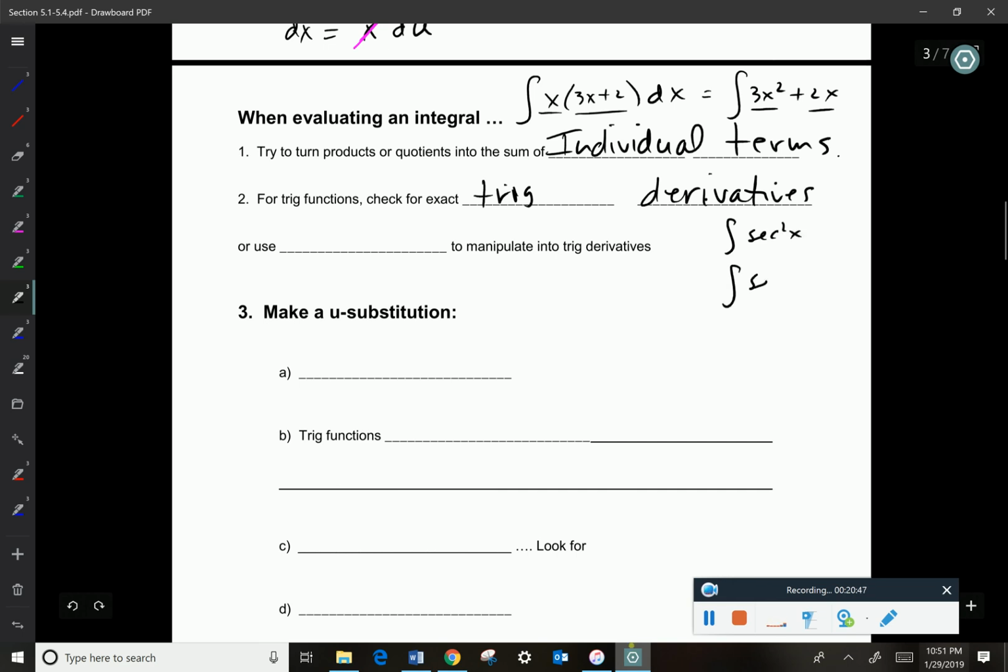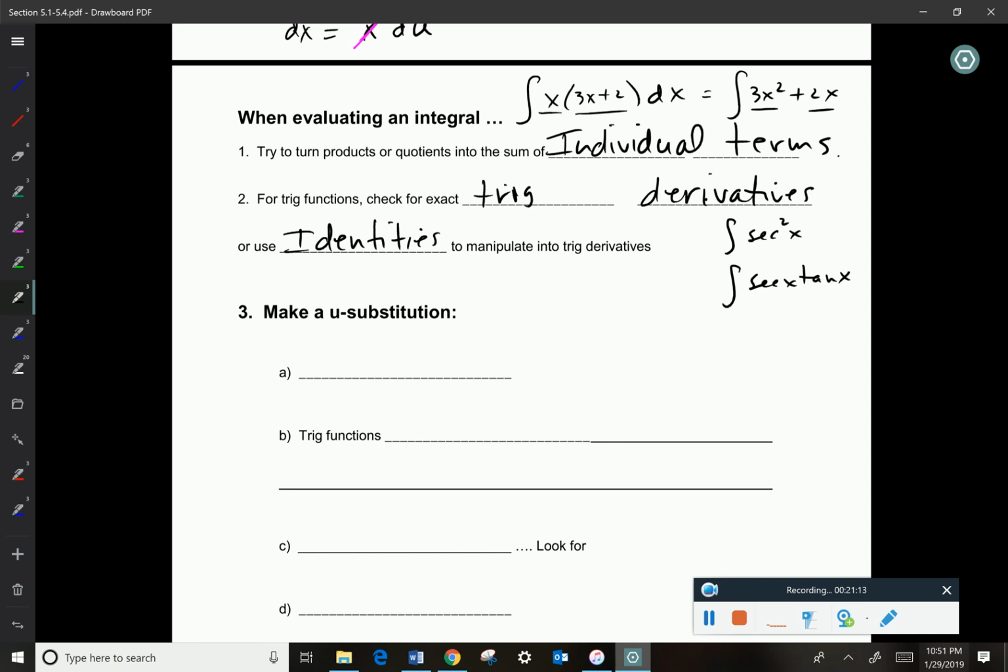Or if it's the integral of secant tangent, I know that's secant, okay? So is it an exact trig derivative? If it's not, we're going to maybe have to use identities to turn them into trig derivatives, right? So if you can't turn them into trig derivatives.